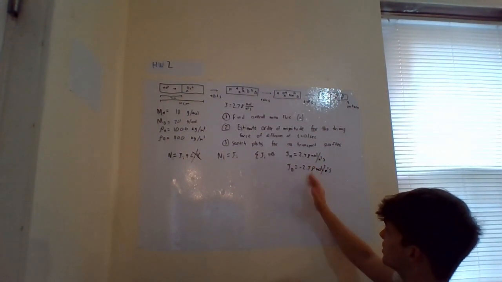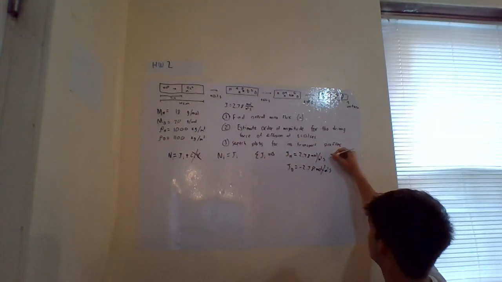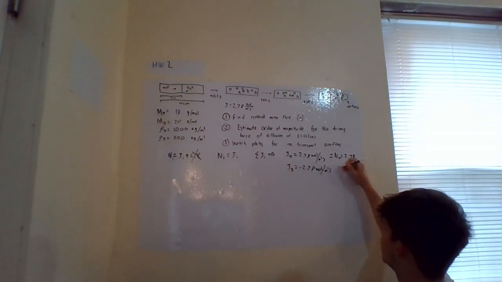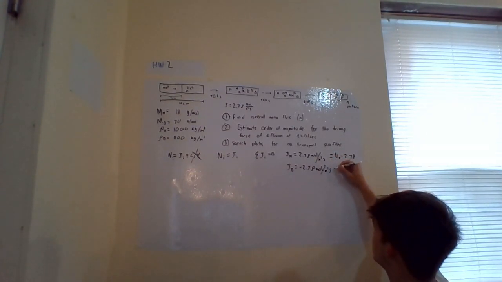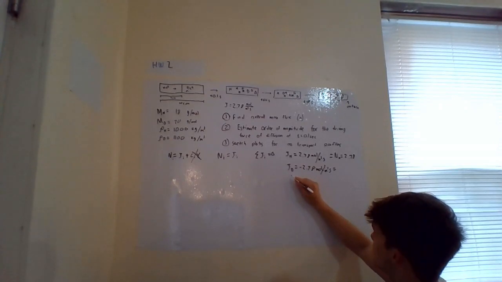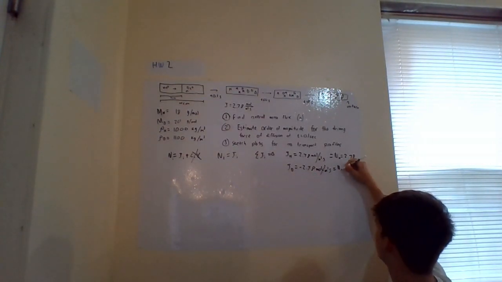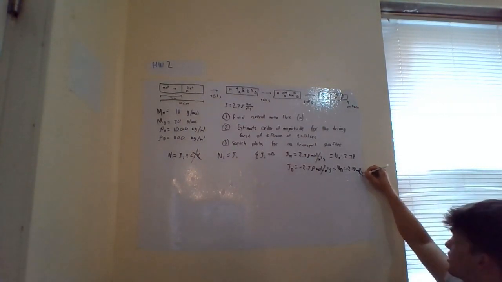That makes it really easy, because if J of H is that, then the molar flux of H is also equal to 2.78 moles per meter squared second, and the molar flux of deuterium is also negative 2.78 moles per meter squared second.